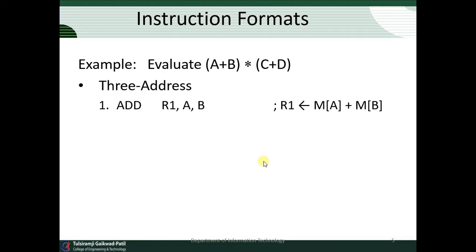Here we can observe add R1, a, b: the operation a plus b is executed and the result is stored in R1. Next step is to add c plus d. Add R2, c, d, and the result is stored in R2. That means one result is stored in R1 and the second result is stored in R2.